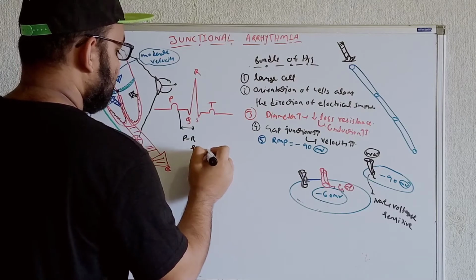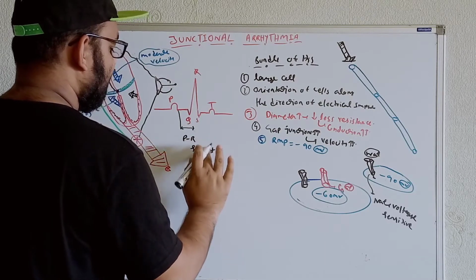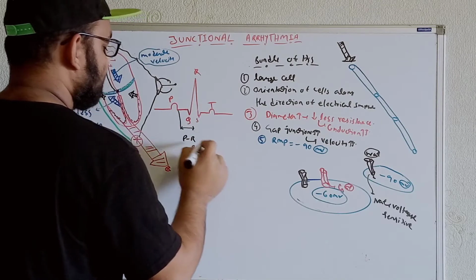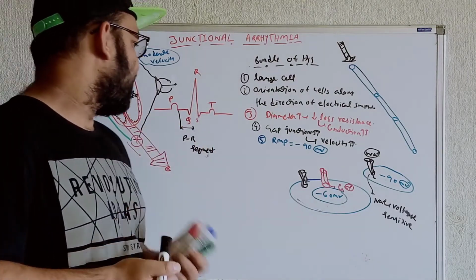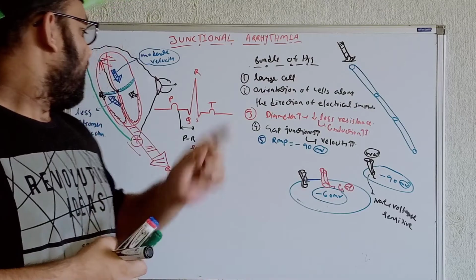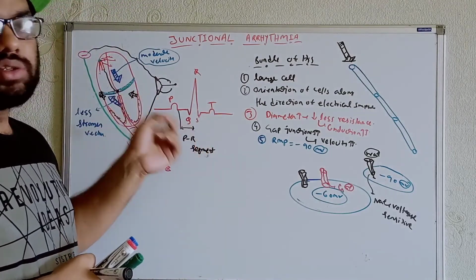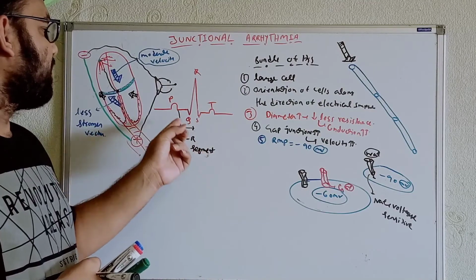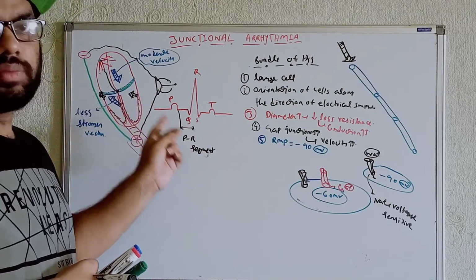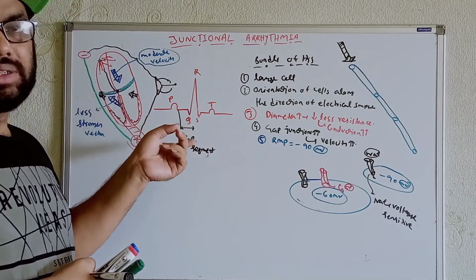It is supposed to be called the PQ segment, but in most of the limb leads we got the absence of the Q wave. That's why it is known as the PR segment.